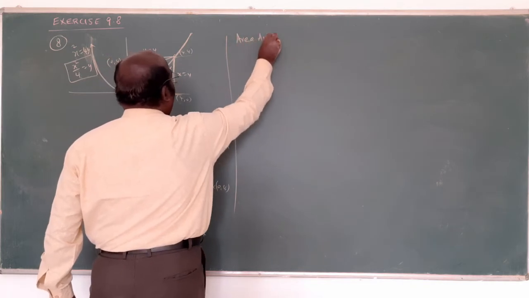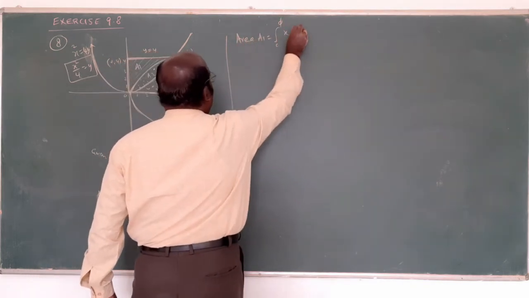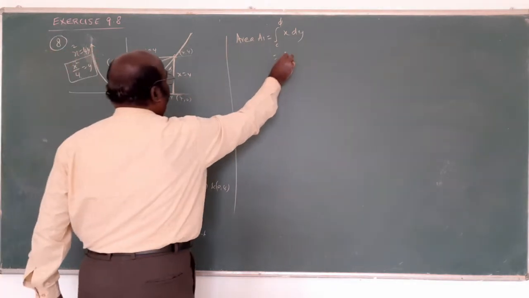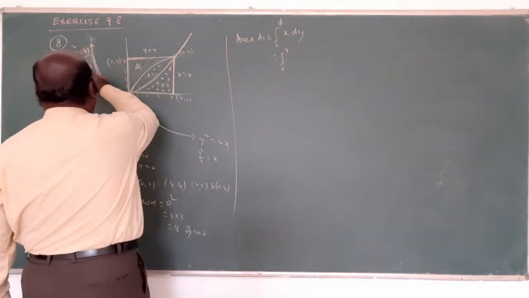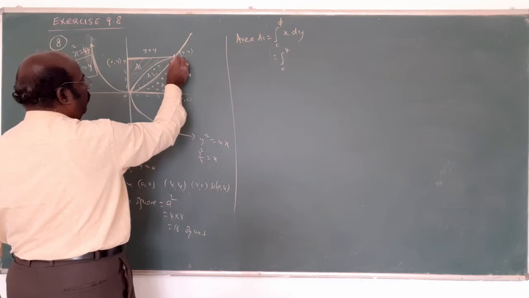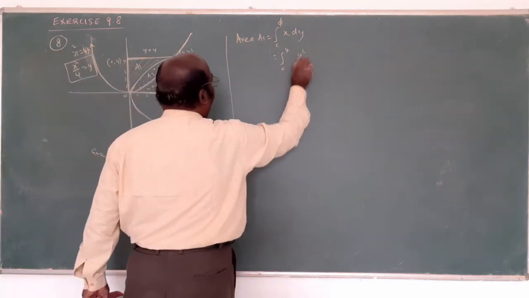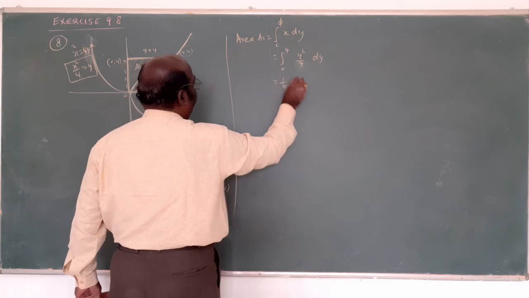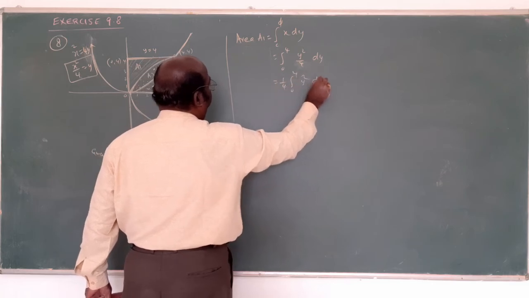Area A1 represents the integral from C to D of x dy. Integration with respect to the y-axis is possible, from 0 to 4. X is y squared by 4, dy. Now 1 by 4 is constant, integral from 0 to 4 of y squared dy.